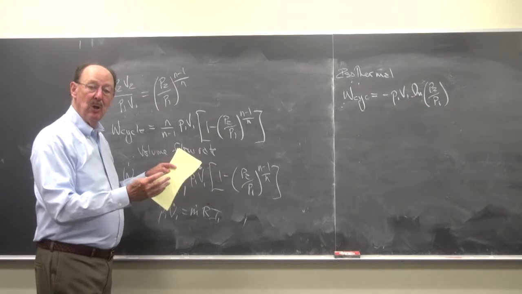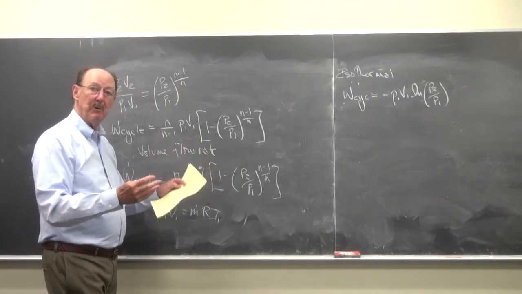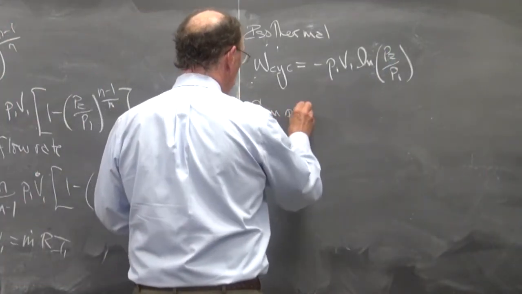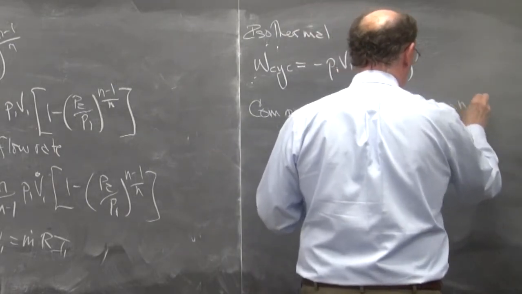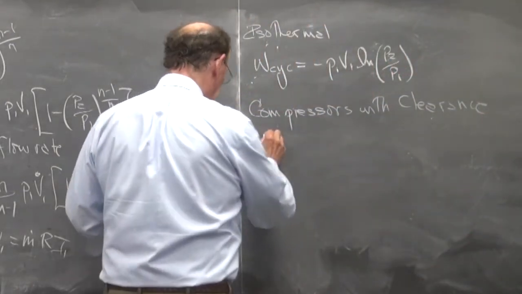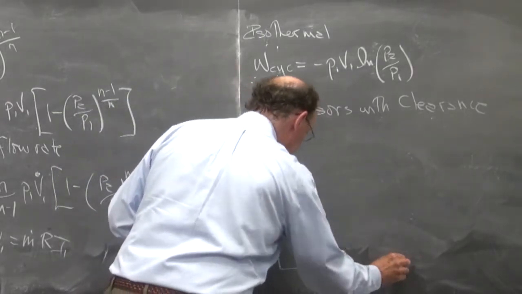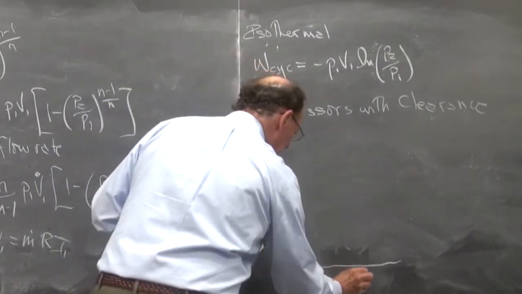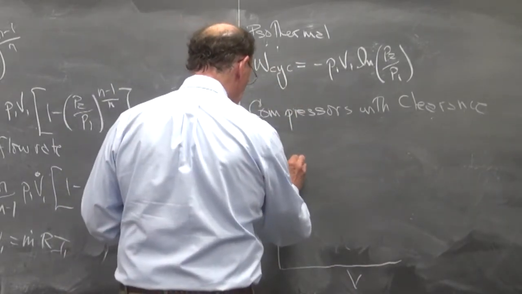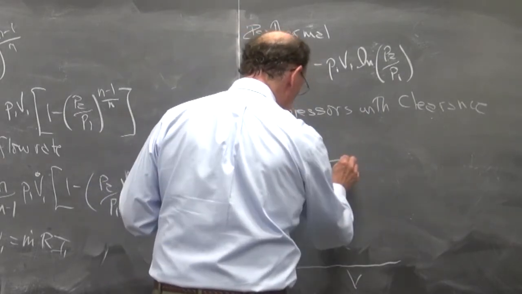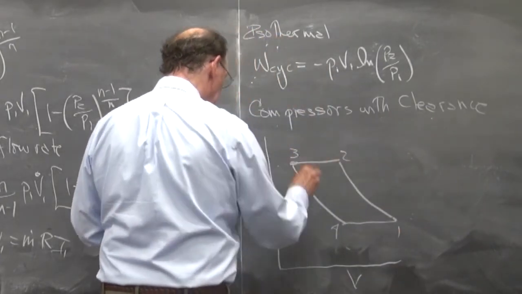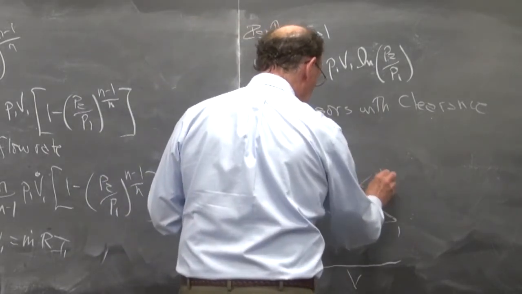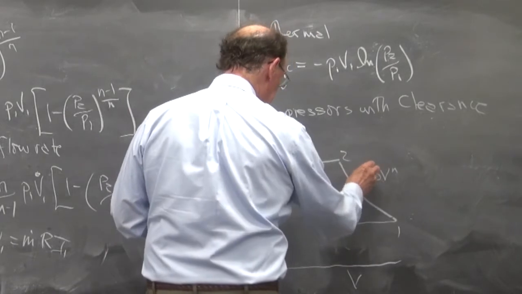So this is for a compressor with no clearance, and now let's look at what happens when we have compressors with clearance, which is what all compressors have. And we'll draw this on a PV diagram.